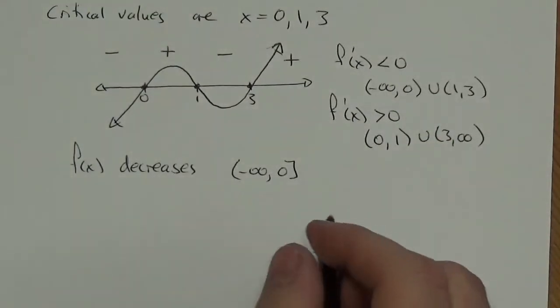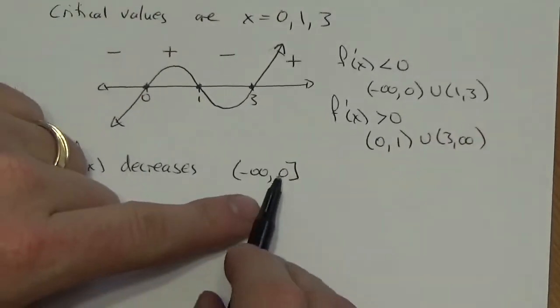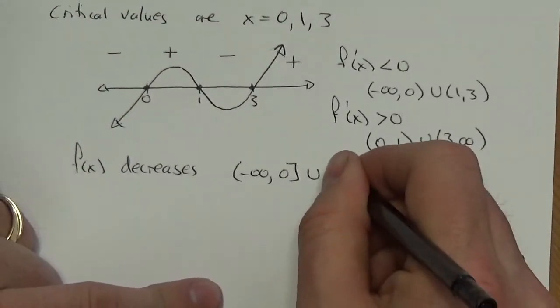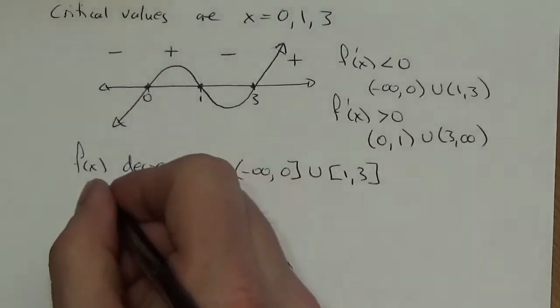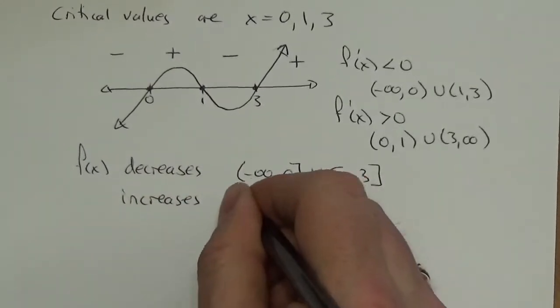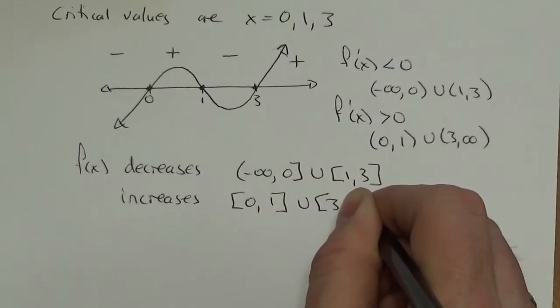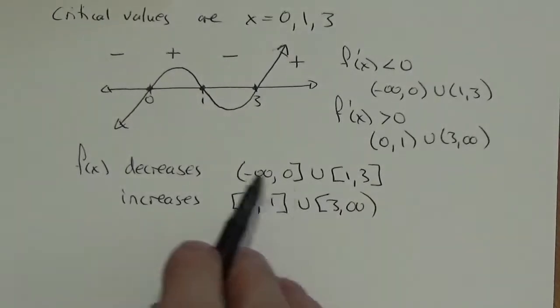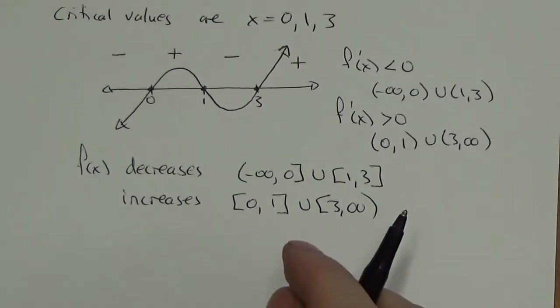There was a little bit more to it than that, which basically forces us to include that endpoint. Union the closed interval from 1 to 3. That means f of x increases on the interval 0 to 1, union 3 to infinity, including the 3. Now remember, we're not including the infinities here because those aren't real numbers, so that doesn't really mean anything. That's just an indication that we continue to go on and on in those directions.